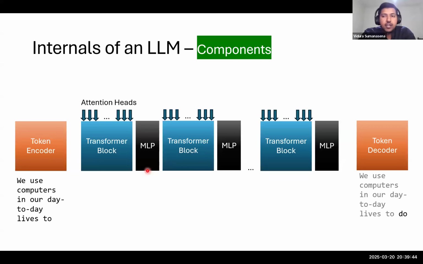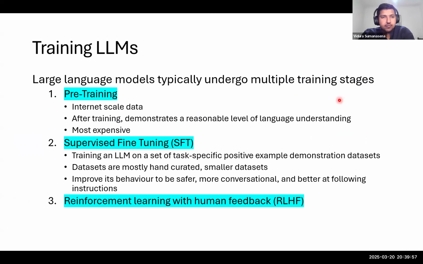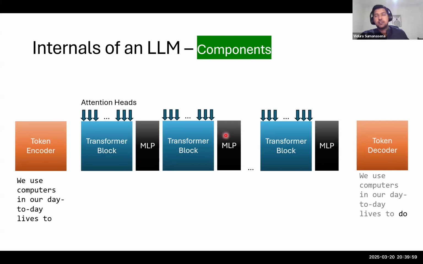Finally, it will have a series of embeddings, which will be decoded back to generate the final word. Any questions? So that's about it. Next, we will talk a little bit about how these are trained.